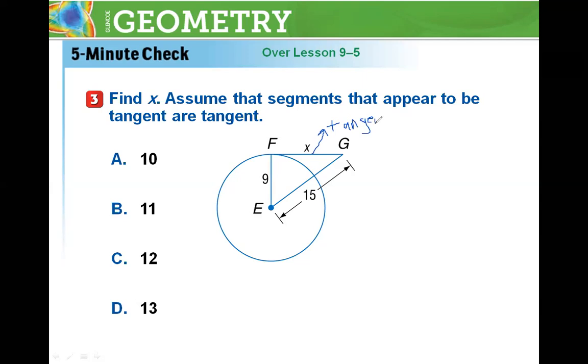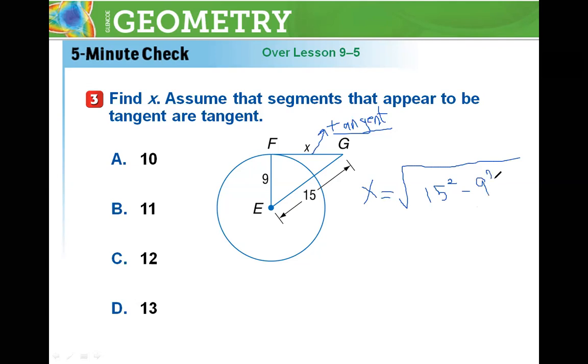Yes, we are going to use the Pythagoras theorem, but we are going to use minus, not plus. So x will be equal to the square root of 15 squared minus 9 squared.